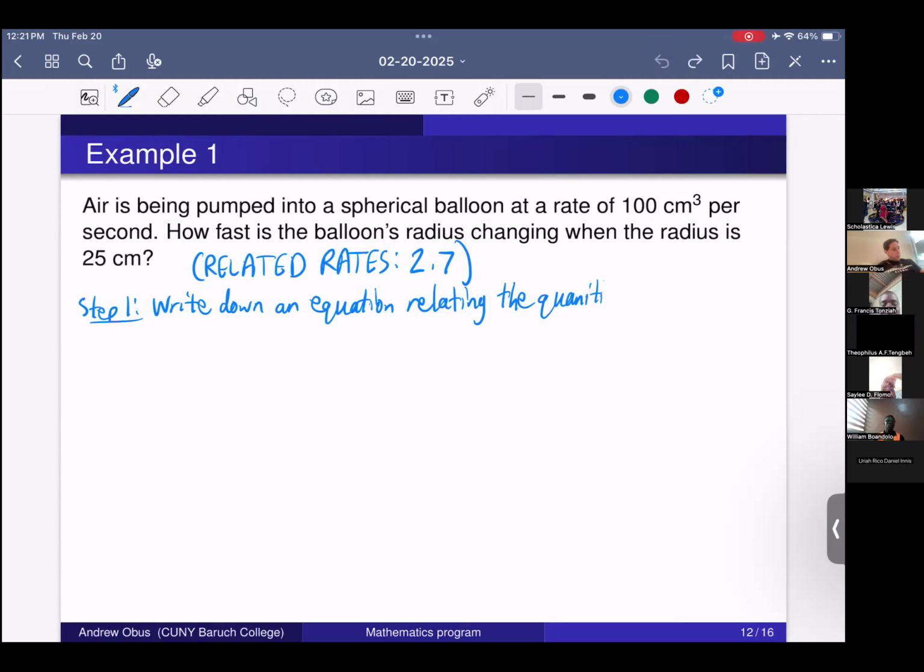Here we have a volume, and then we've also got a radius. So we need a general equation that relates the volume and the radius of a sphere. If you remember from geometry, the equation in this case is that the volume is equal to 4/3 pi times the radius cubed. This is the equation for the volume of a sphere.